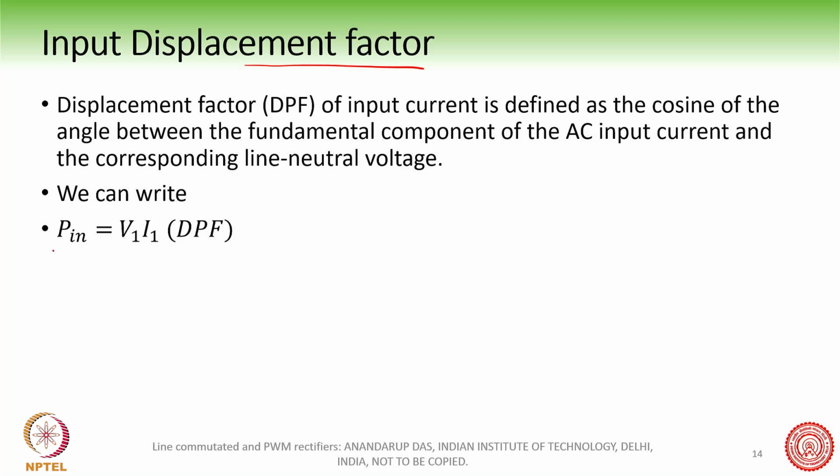This is the factor which actually causes the power to be delivered from the source to the load. So the power is equal to V1 I1, the RMS value of the fundamental component of voltage times the RMS value of the fundamental component of current, times the DPF. Okay, so this is the definition.